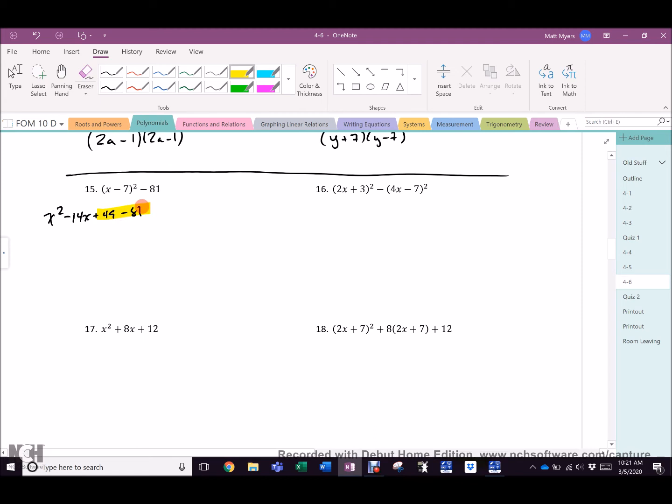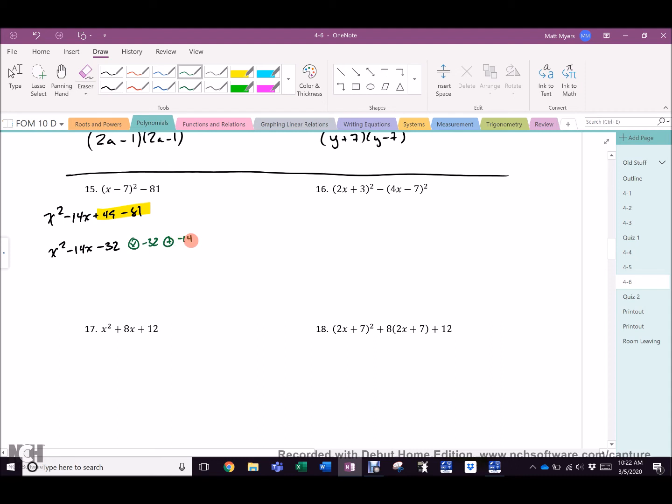Now what would you do with that? Are those like terms? So what would we do? We'd do that math. What's 49 minus 81? Negative 32. Everyone agree? Now, I have nothing out front, so if this is going to factor more, I need to multiply to negative 32 and add to negative 14, right?